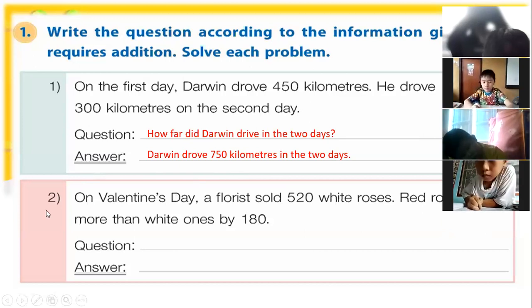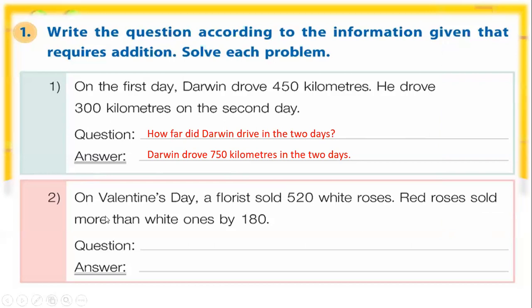Now look at question number 2. Here we have the information: on Valentine's Day, a florist sold 520 white roses. Red roses sold more than white ones by 180. So the information we have here, students, is that the florist sold 520 white roses and 180 more red roses than white. What can we make as the question?